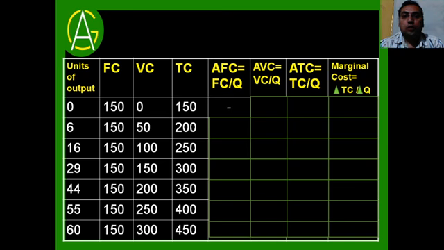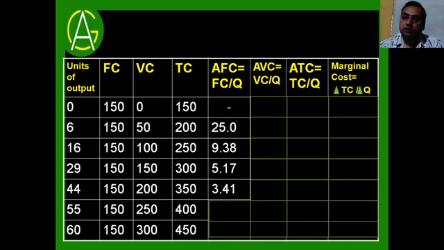Then 150 divided by 6, answer is 25.0. 150 divided by 16, 9.38. Then 150 divided by 29, 5.17. 150 divided by 44, 3.41. 150 divided by 55, that is 2.73. 150 divided by 60, that is 2.50.